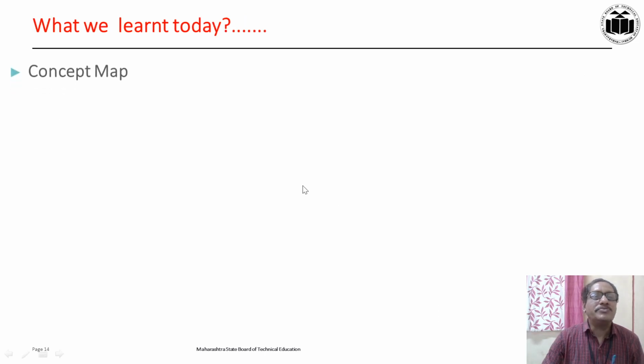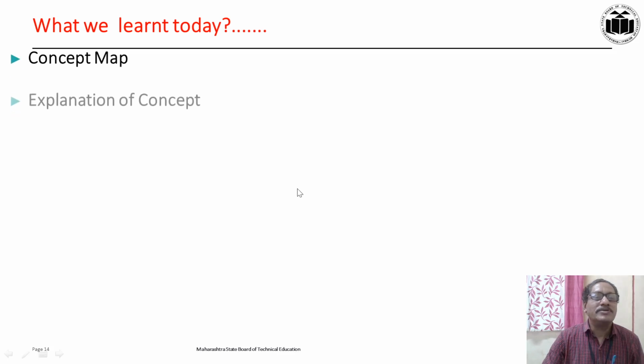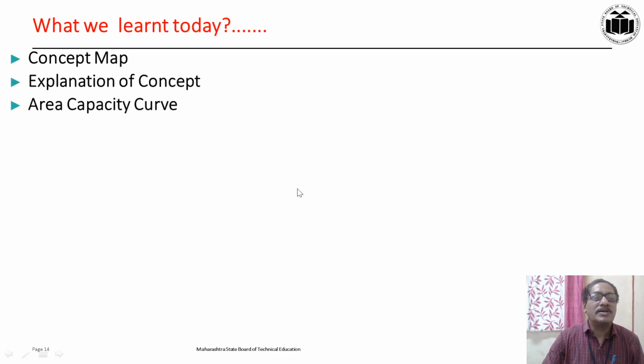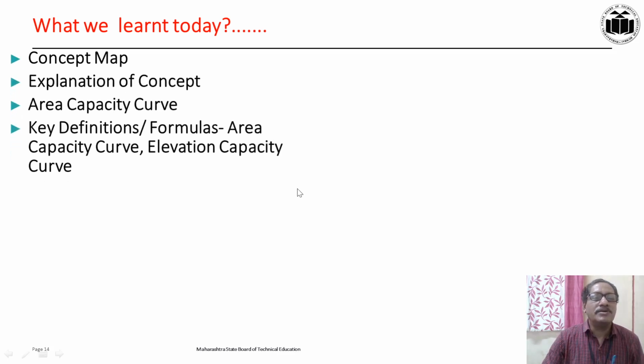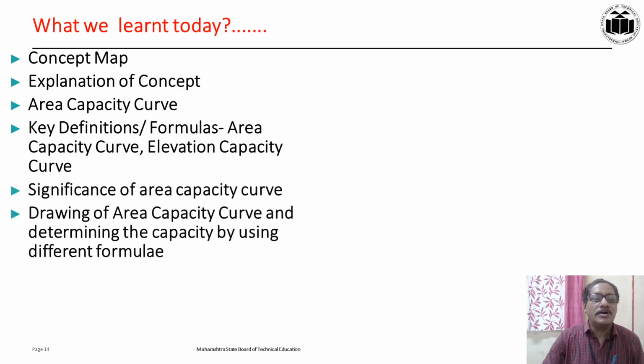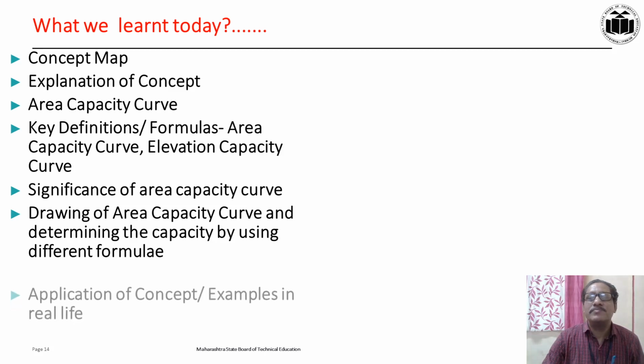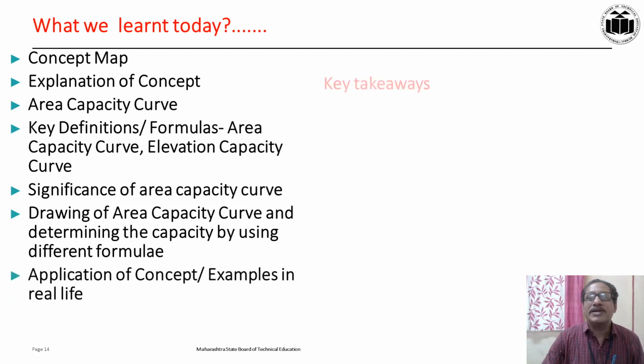So, what we learned today: the concept map, explanation of the concept, area capacity curve, certain key definitions related to the area capacity curve as well as elevation capacity curve, significance of area capacity curve, and drawing of area capacity curve and determining the capacity by using the different formulae and its application.